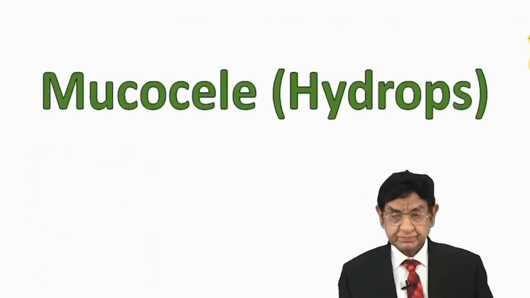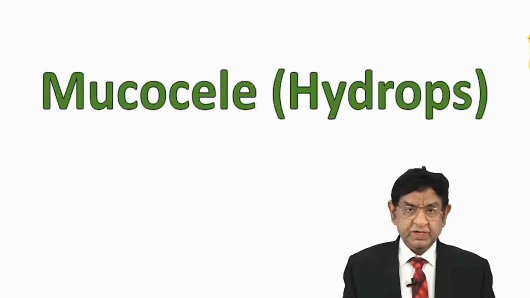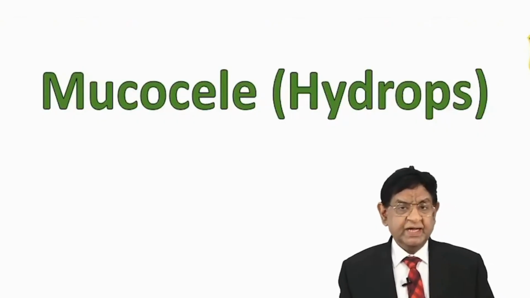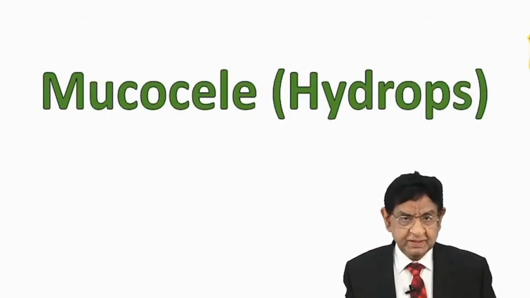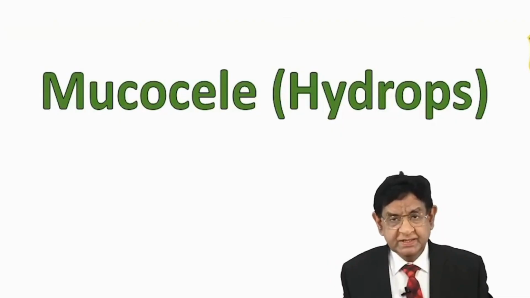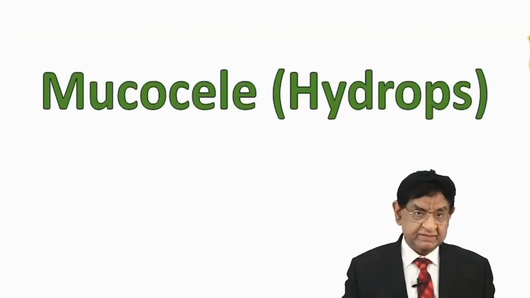Mucocele: the basic concept I already discussed, so now my work becomes easy. What we have learned is that the epithelium of the gallbladder secretes mucus, and if the cystic duct is blocked, excess mucus can collect and that makes a mucocele, the point we discussed in the basic concept.